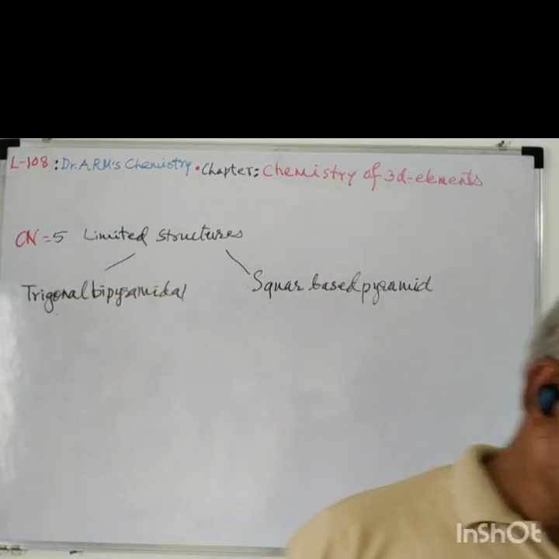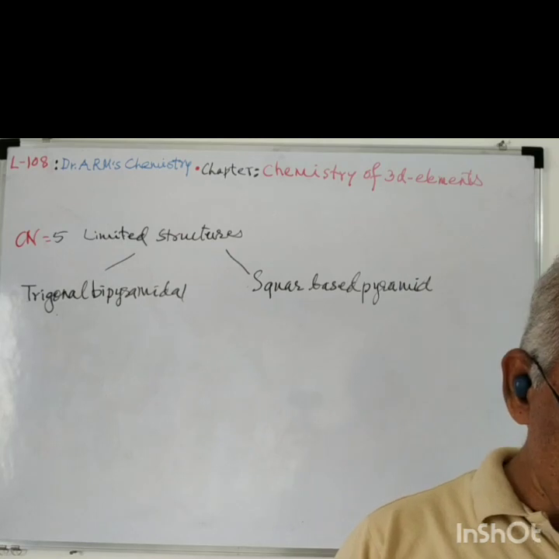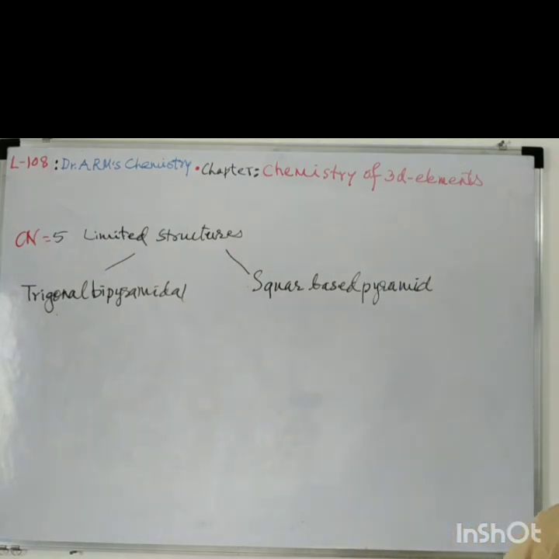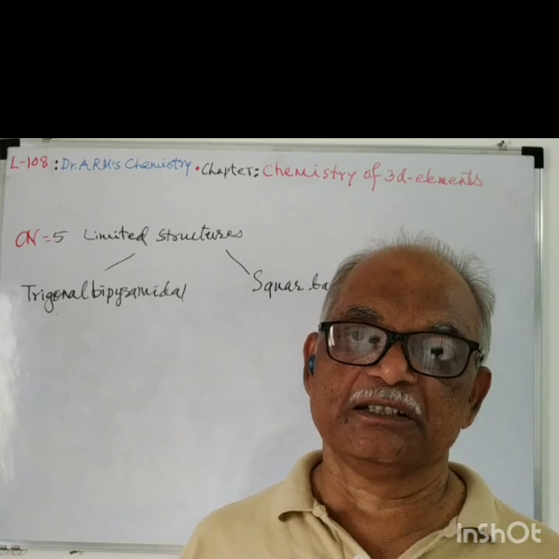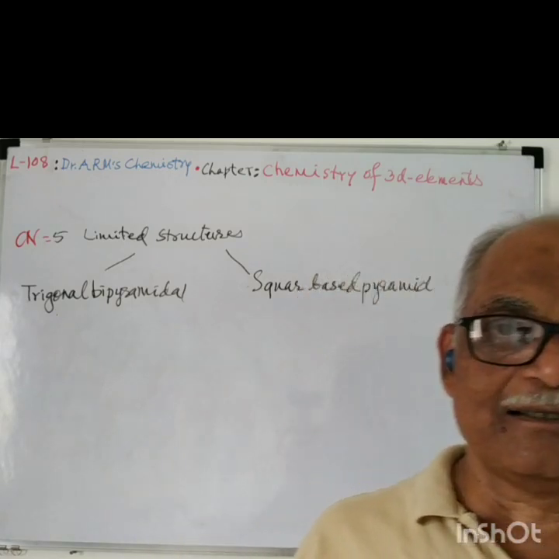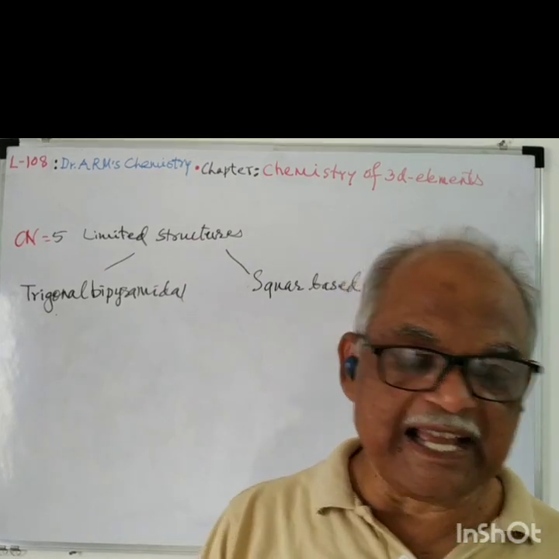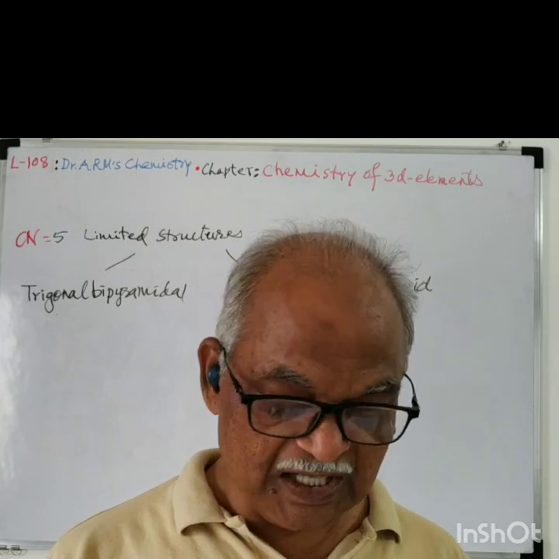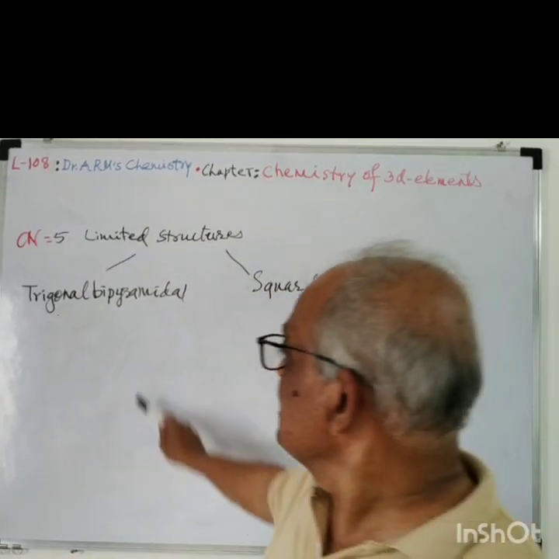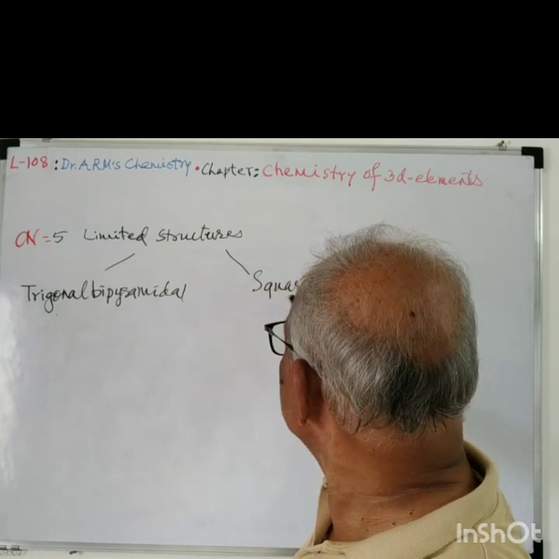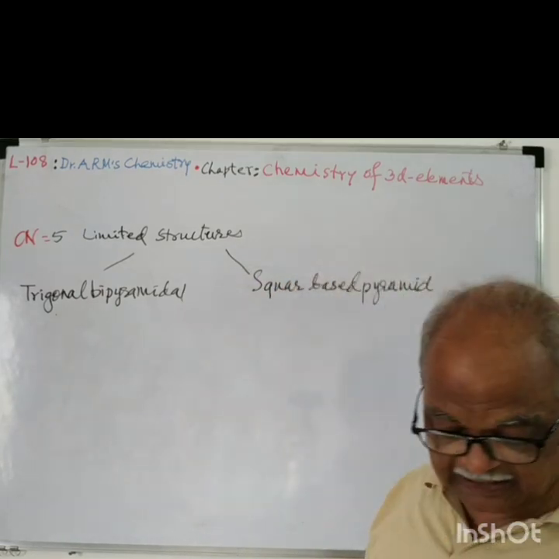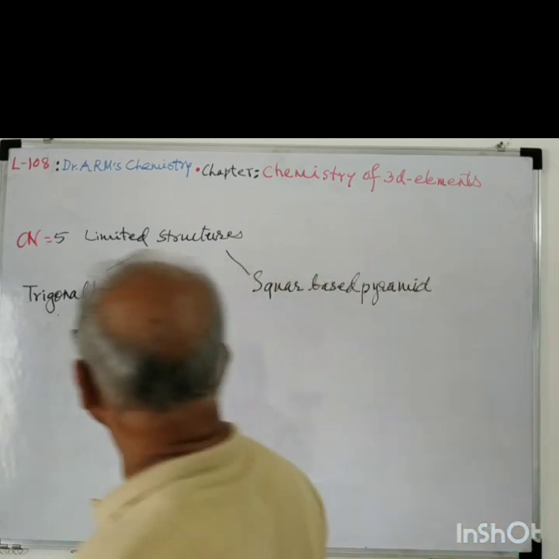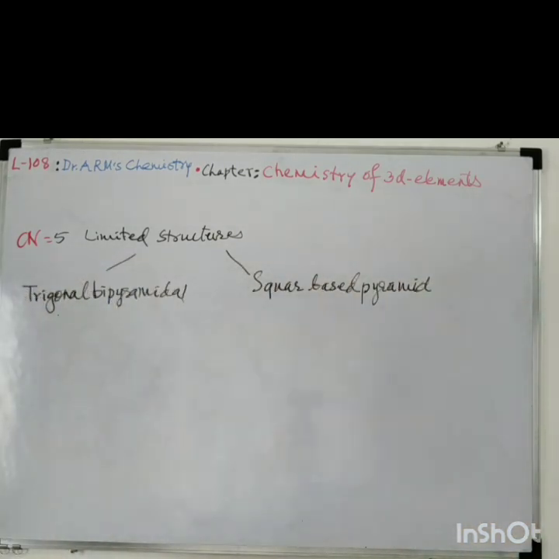Compared to tetrahedral, this coordination number has also limited options for arrangements, and these are seen here, that is trigonal bipyramidal and square based pyramidal. So we will show here the general structure of this trigonal bipyramidal arrangement.